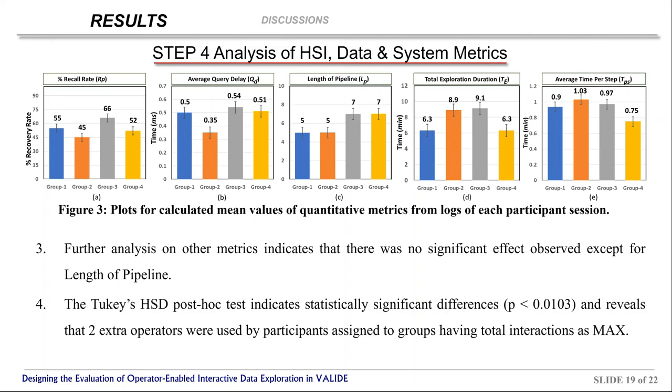However, cross-comparing results of HSI metrics, that is length of pipeline, with HSC metrics, effort required, there appears to be a discord between the two. One reason for this discord between effort required and its corresponding HSI metric length of pipeline is that the difference is small enough not to be recognizable by the participants.